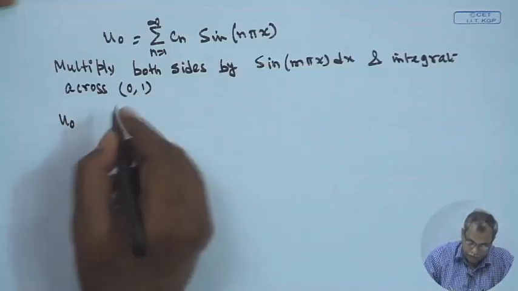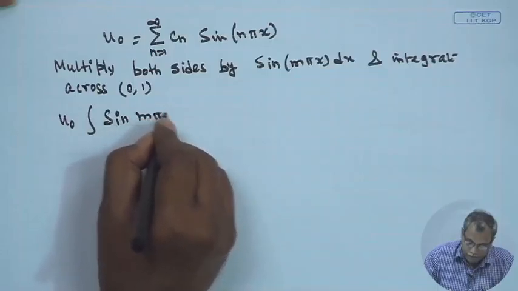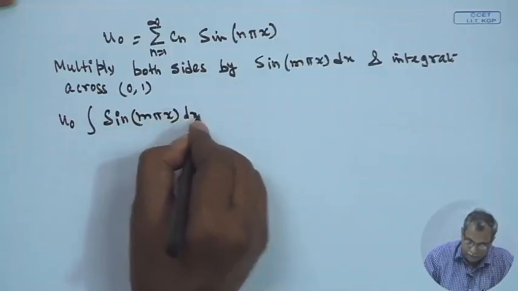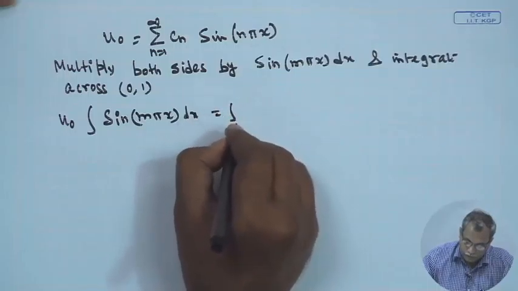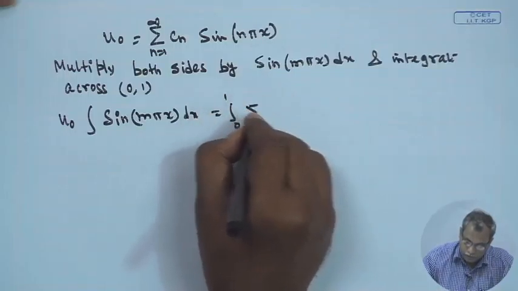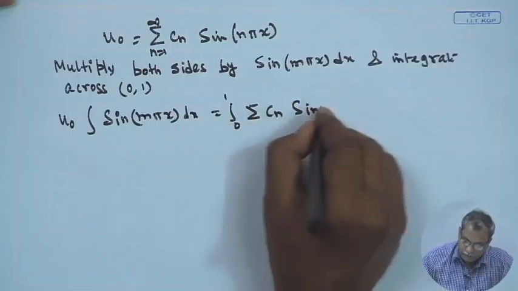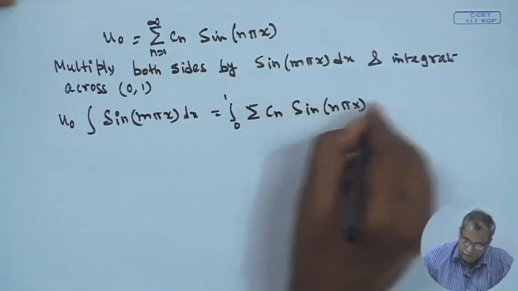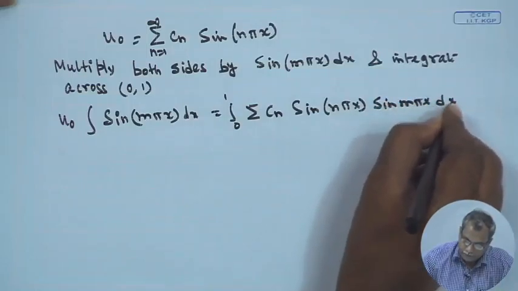If you do that, u0 being constant, this will be u0 integral sine m pi x dx is equal to integral 0 to 1 summation Cn sine n pi x sine m pi x dx.